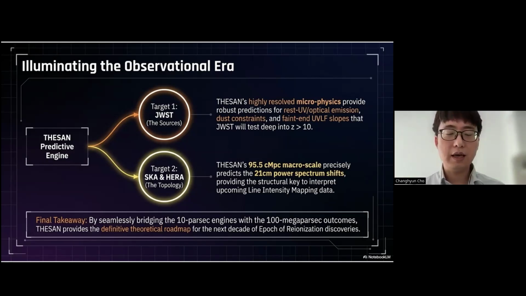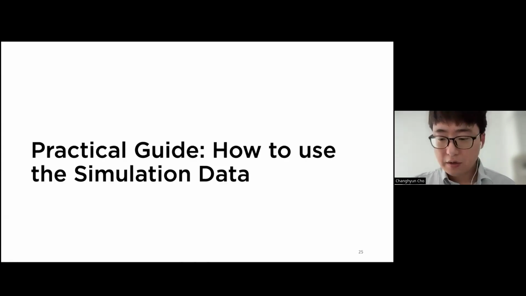The other is the ionization history, which can be confirmed or studied using SKA and HERA observations as well. So this is the basic structure of the THESAN framework. I think this is the end of part 2.